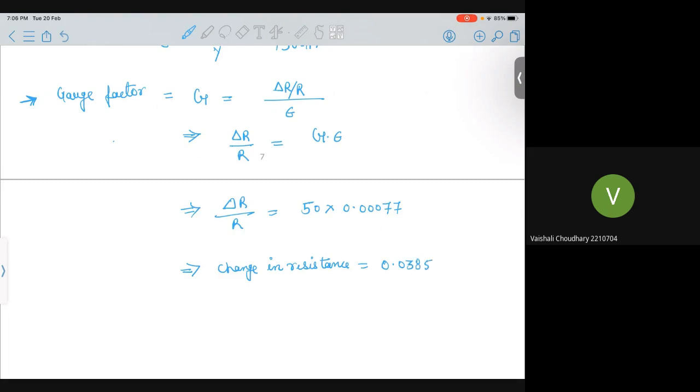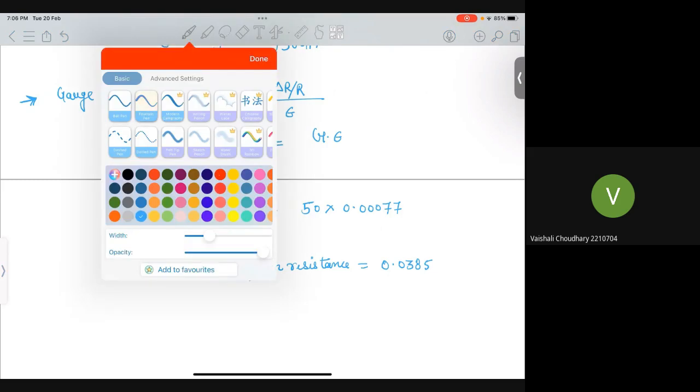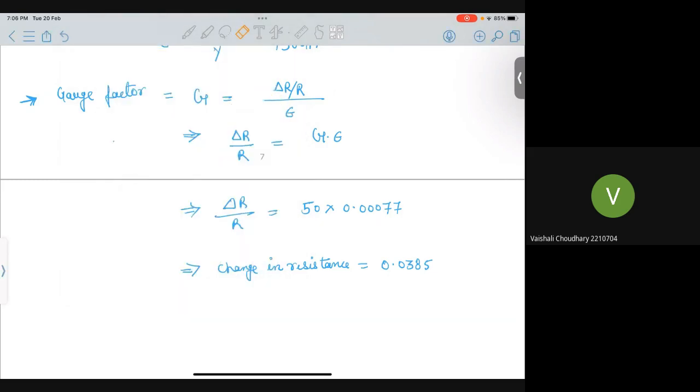It means if you apply 100 micronewton force in longitudinal direction, the resistance will change by a factor of 0.0385.